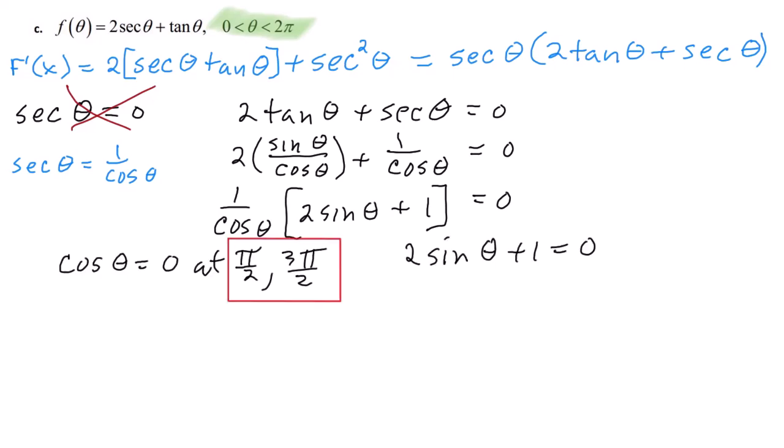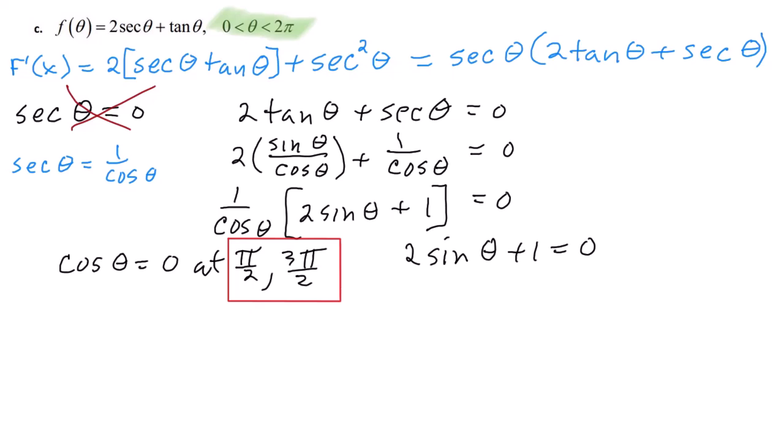Right here, at pi over 2 and 3 pi over 2. Now notice both of those are less than our 2 pi cutoff up there at the top. So at those 2 points, pi over 2 and 3 pi over 2, cosine theta is 0, which would make our derivative undefined. We're talking about derivatives here.